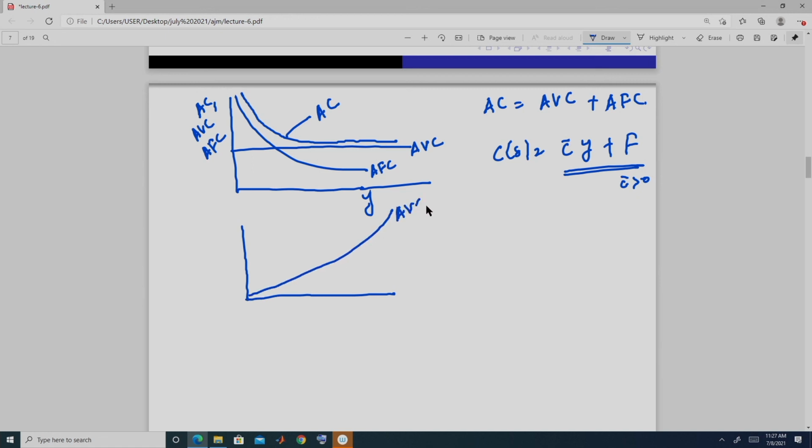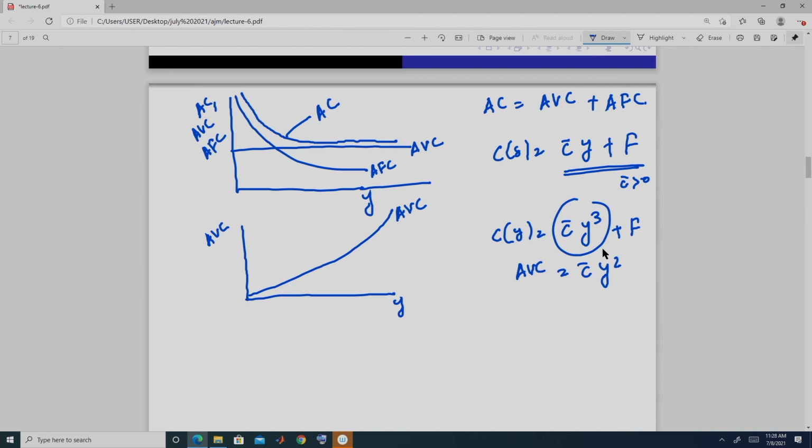This can also be average variable cost. Suppose, for example, our cost is this. So, this is the variable component. So, the average variable cost here is C bar y square. So, it is increasing.